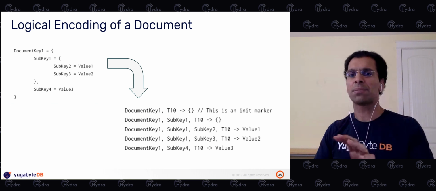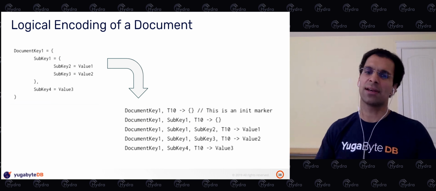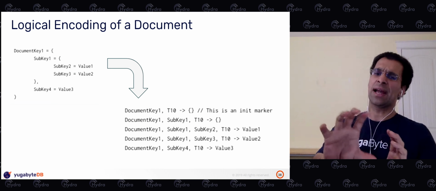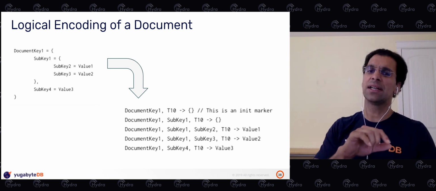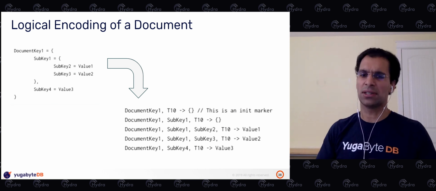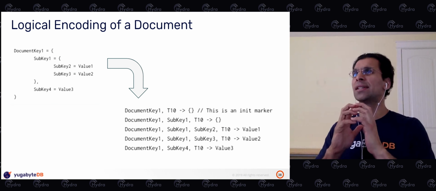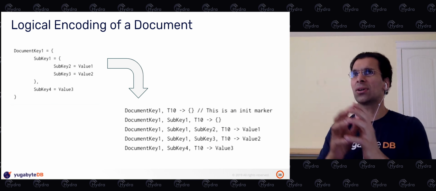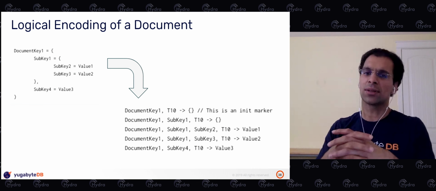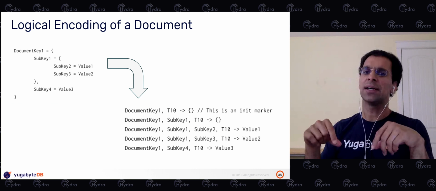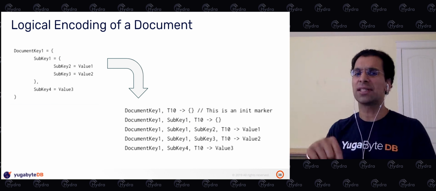The way this is mapped is, at a very high level, and all of this may not always be used in every scenario, there is an initialization marker to say, hey, this entire document is reset or its type is changed, just to maybe even quickly delete the document. So there is an init marker, and there are entries for every subkey, right?